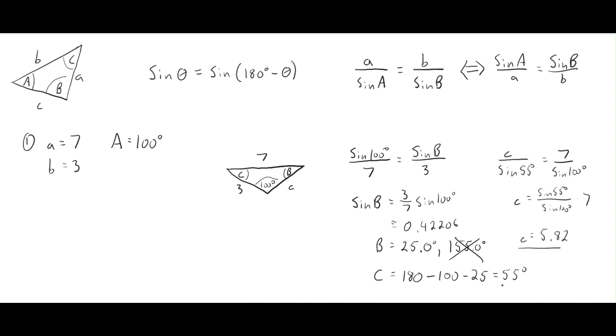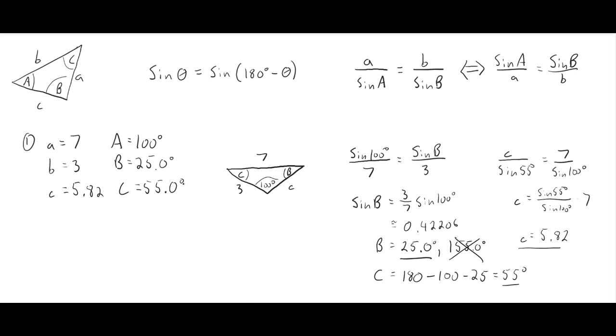All right. Your teachers will like it if you put a little box or a line under your final answers, or just put your final answer up in a nice table here. So I'm going to say this side is 5.82. The angle B we said was 25, and the angle C we said was 55. And we even found it to the first decimal place.